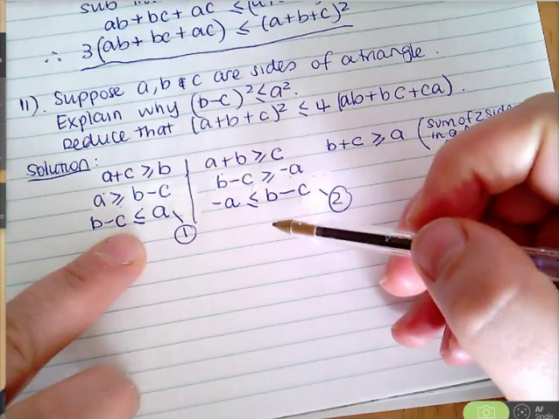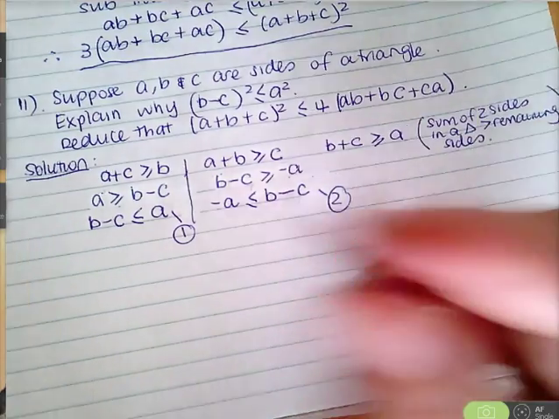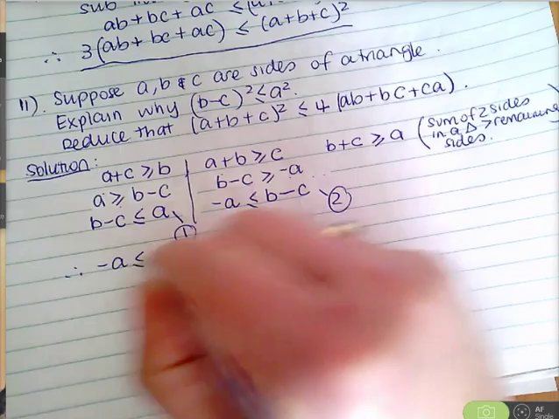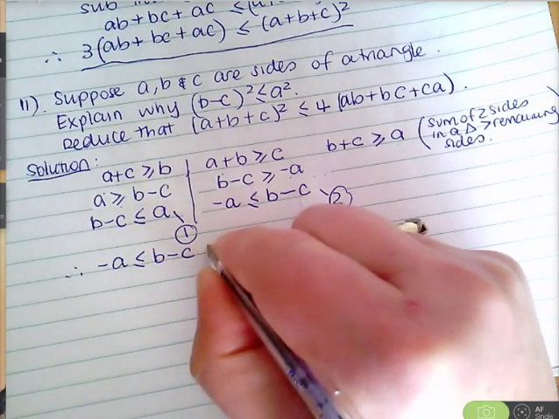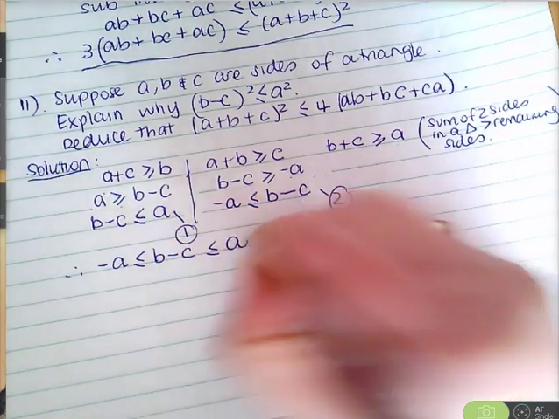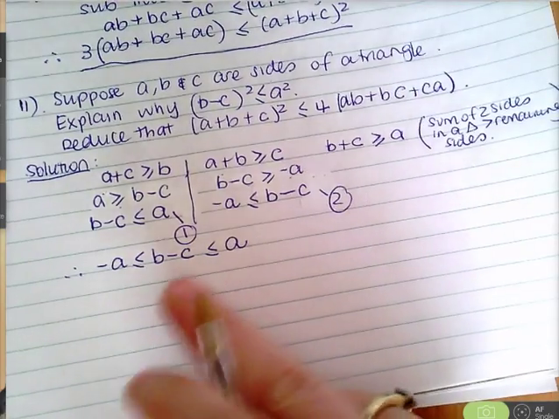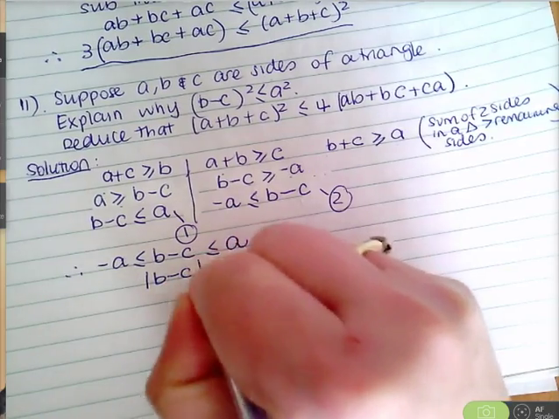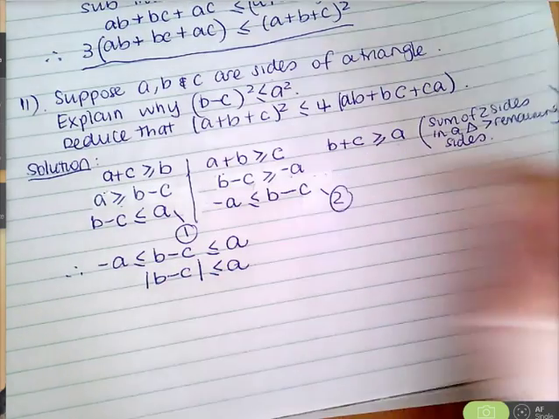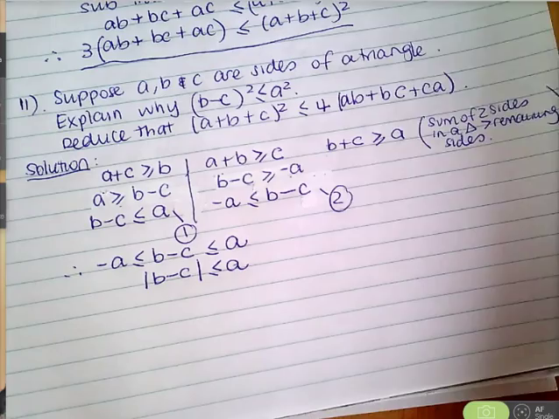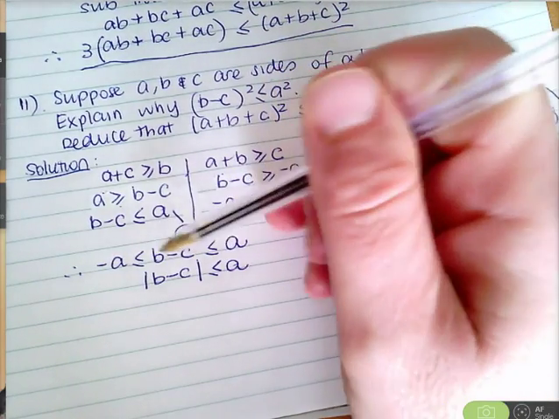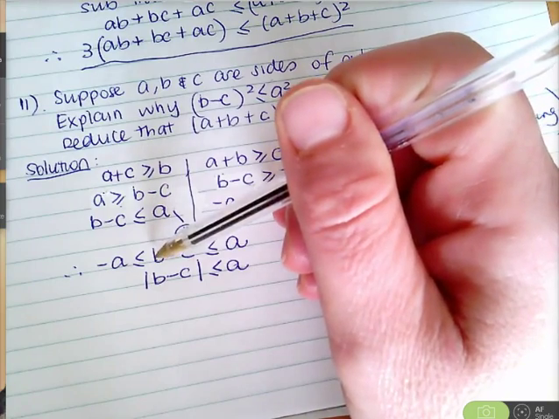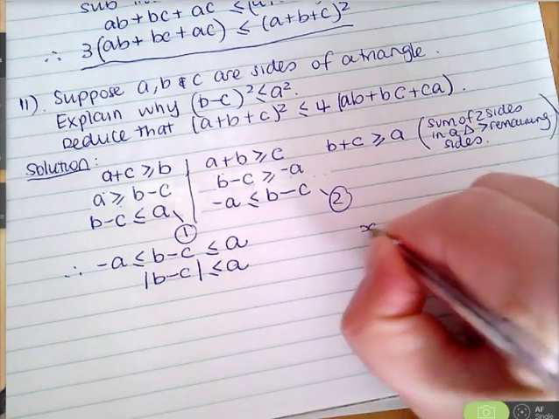Now I can put all these together, and I can say, therefore, negative A is less than or equal to B minus C, which is less than or equal to A. Now this is the definition here of absolute value. So this means that the absolute value of B minus C is less than or equal to A. Because it's the distance, it's like you're looking at something like this.